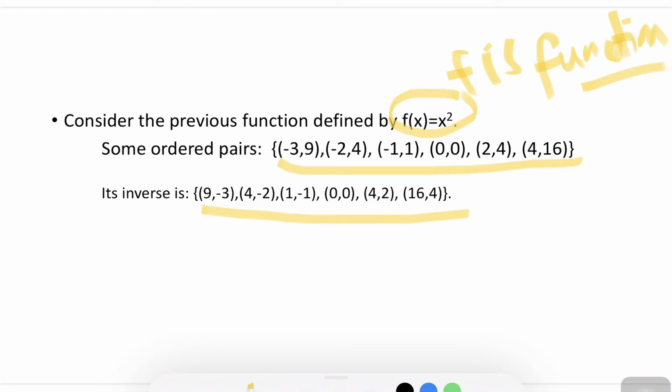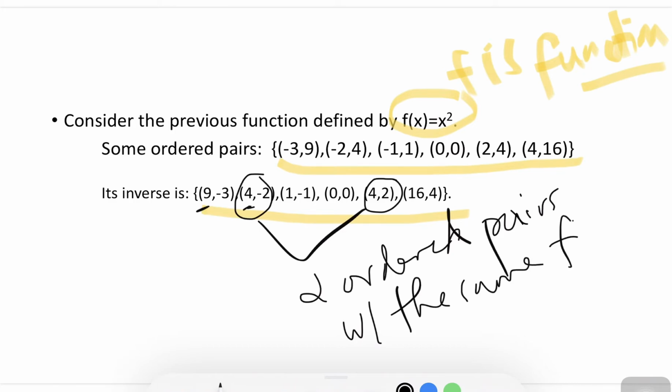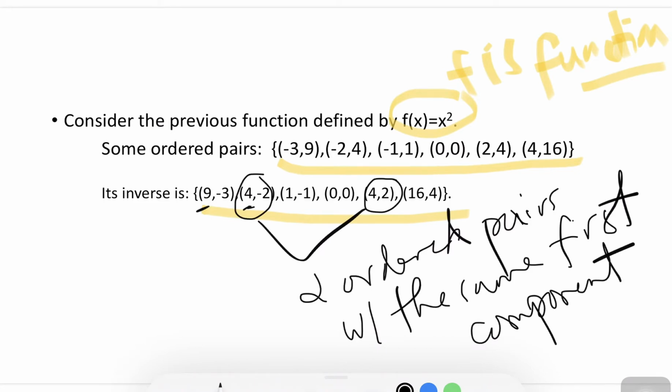Now let's look at their first component. 9, is there any repeated? None. 4, we have this and this. So we have two ordered pairs with the same first component. So it does not satisfy the definition of a function.